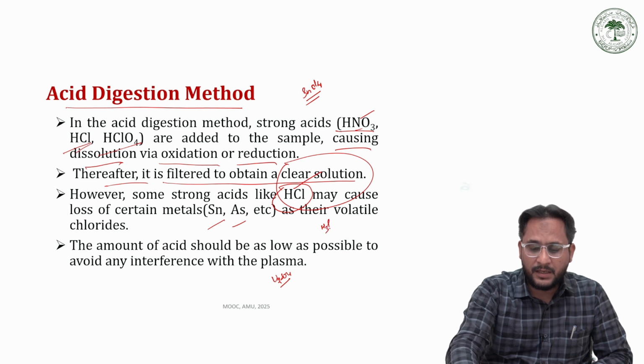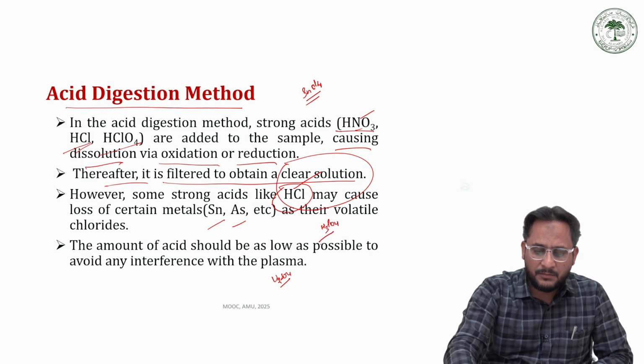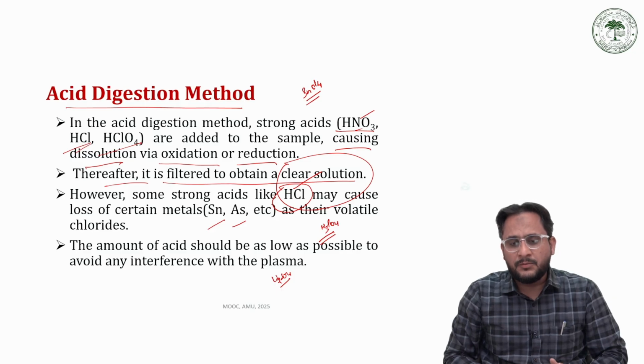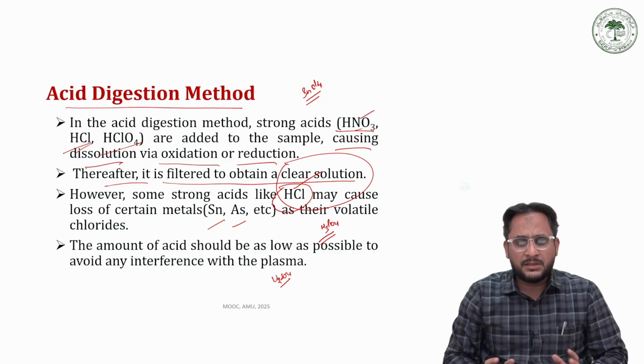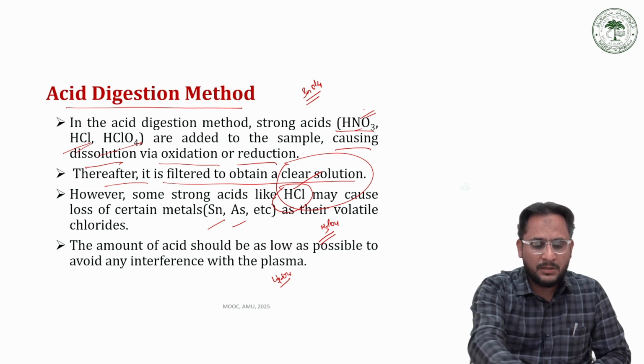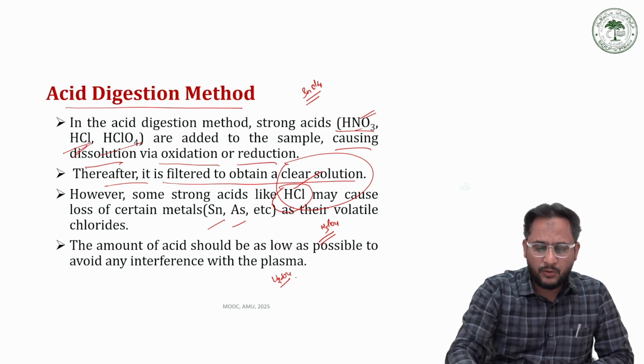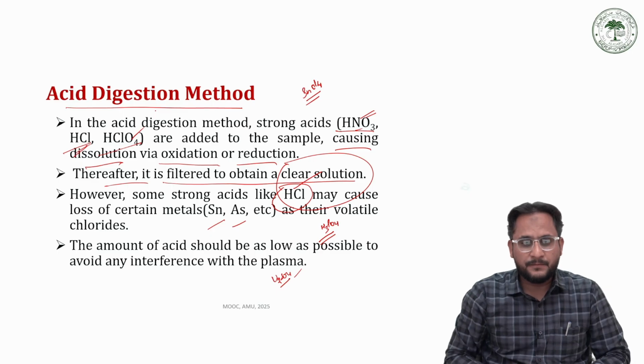But we use H3PO4 only sometimes, because there are a few reports in the literature which say that H3PO4, due to its viscosity, affects the temperature of the plasma or destabilizes the plasma, which ultimately hampers the analysis. So H3PO4 can be used, but in very few cases. Most of the time we use either HNO3 or HCl. Even H2SO4 and HClO4 can also be used.